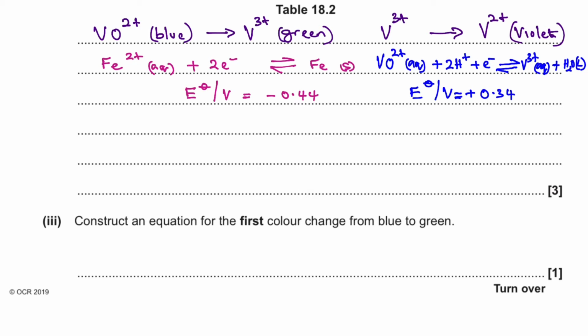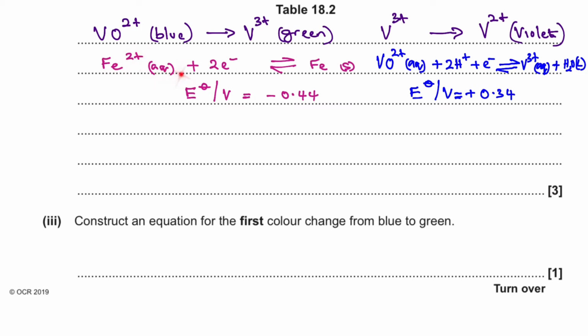Well, first of all, we have the potentials here. We got these from the reduction potential table. Now, we picked Fe2+, which is number 2.